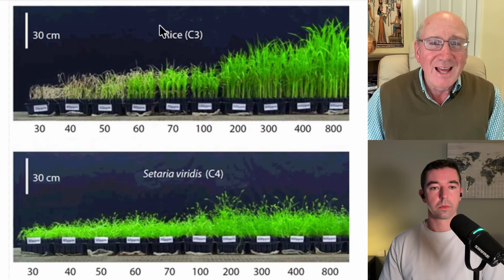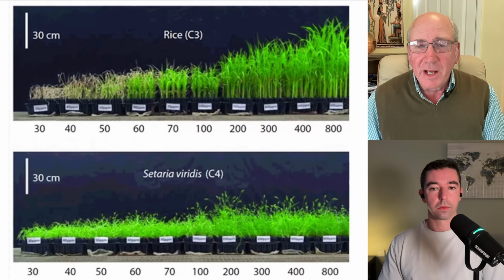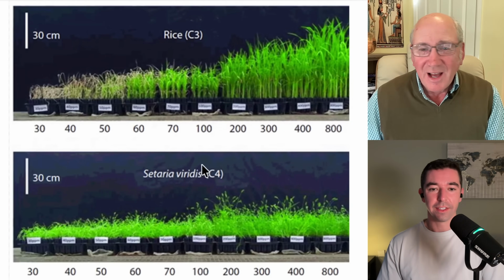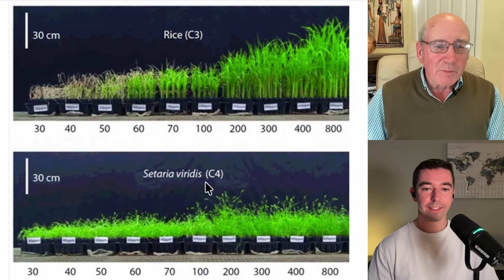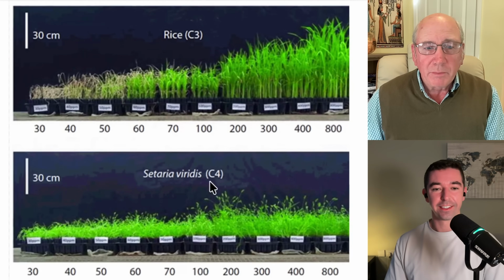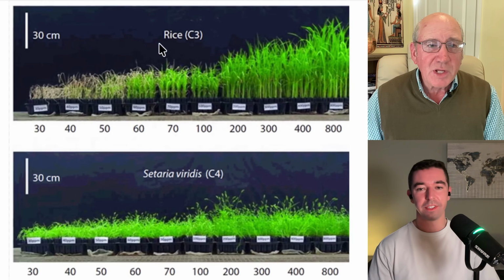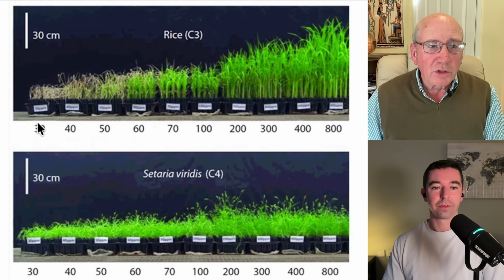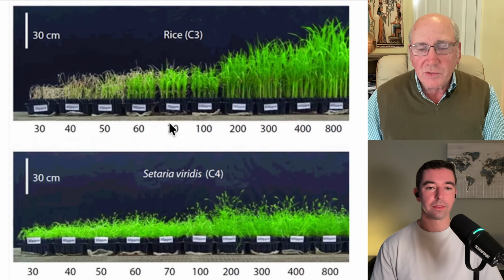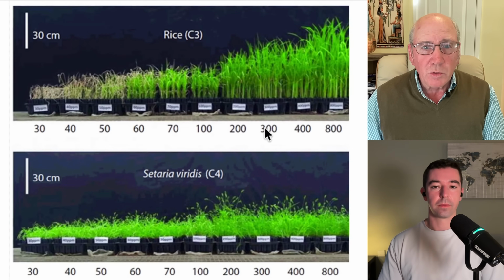Oh, I've got my little index pointer on the wrong thing. Here we go. So I'll point at the right thing now. C4 is the bottom graph, and C3 is the top. Along the bottom is concentrations of CO2.